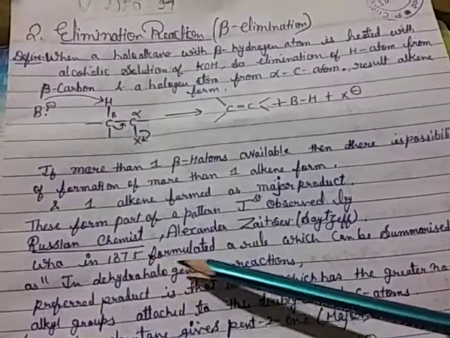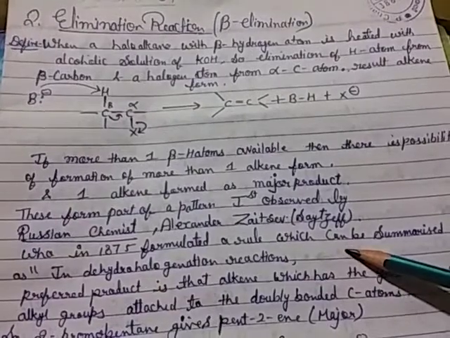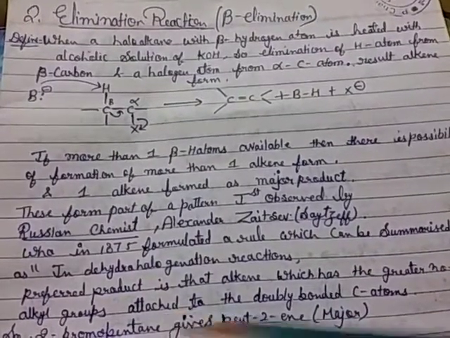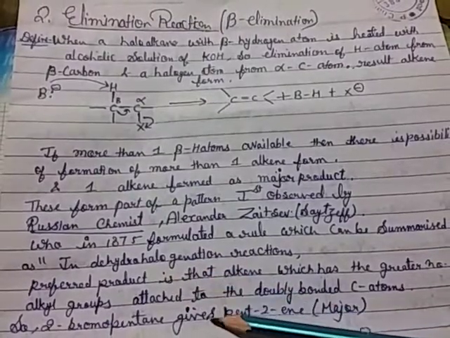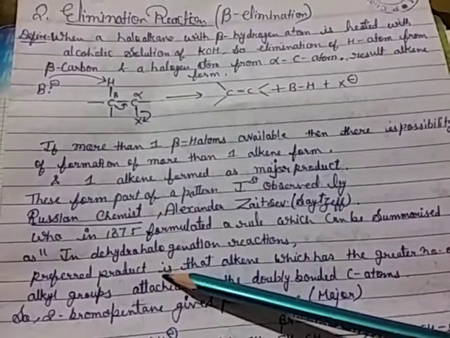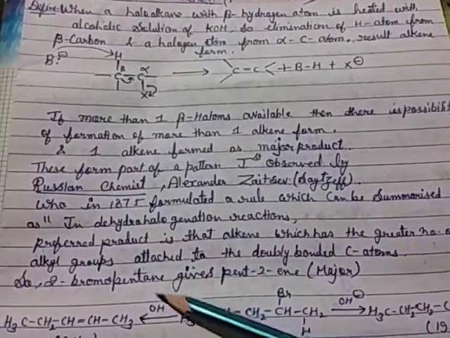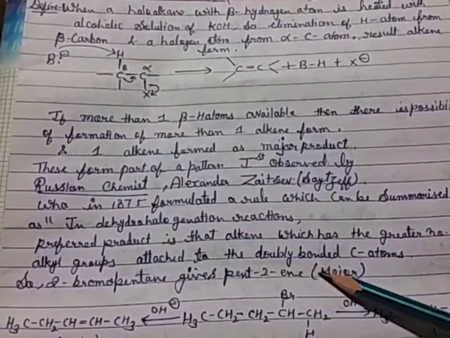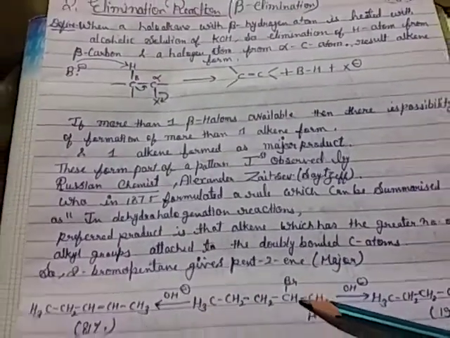In 1875 he formulated a rule which can be summarized as: in a dehydrohalogenation reaction, the preferred product is that alkene which has the greater number of alkyl groups attached to the doubly bonded carbon atom. So 2-bromopentane gives pent-2-ene as the major product.